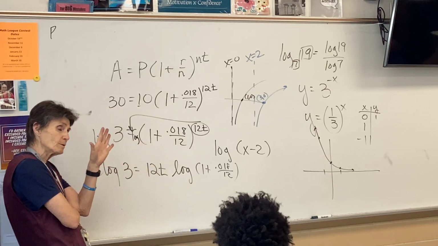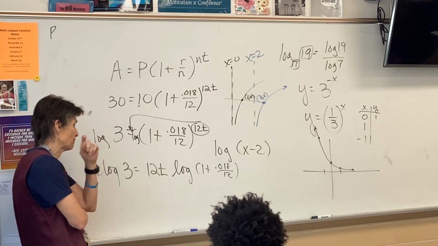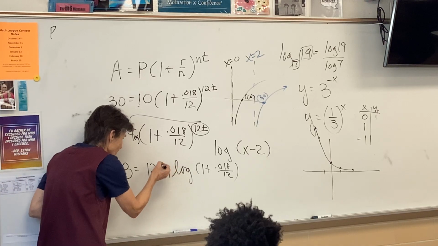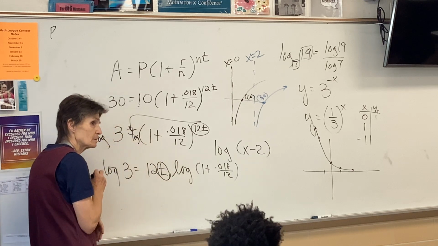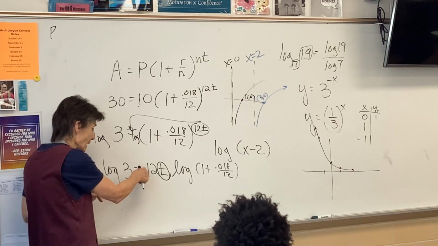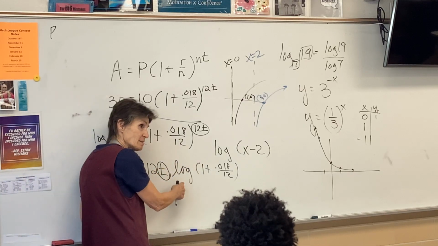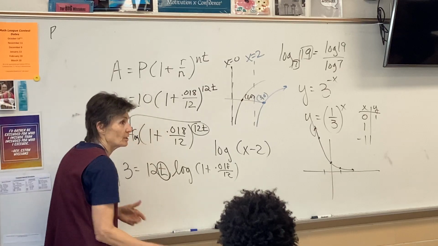Now before you do anything else, I want you to pause for a second. This is what we're solving for, correct? Don't we need to take the log of 3 and divide it by 12 and divide it by this? So that's exactly what I'm going to do.